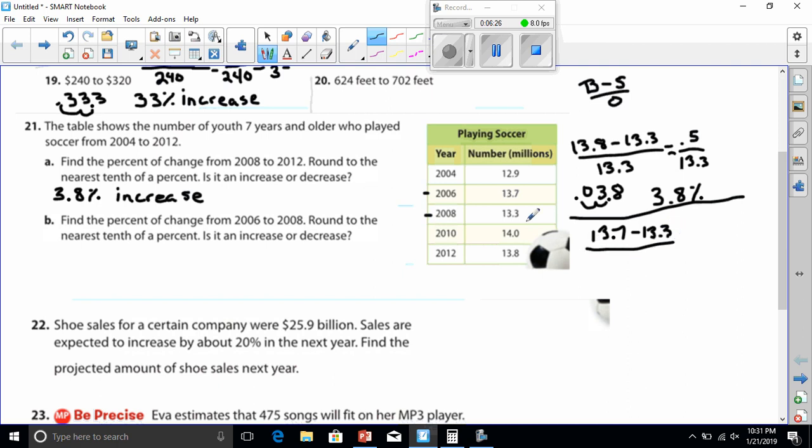And the original number was 13.7 because 2006 came before 2008. Well, 13.7 minus 13.3 actually equals 0.4. So 0.4 divided by 13.7.